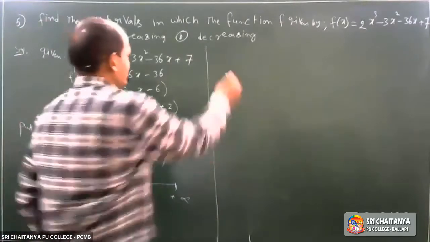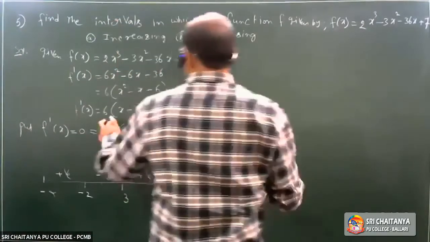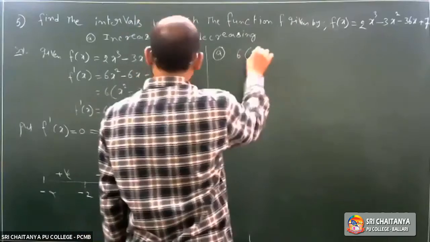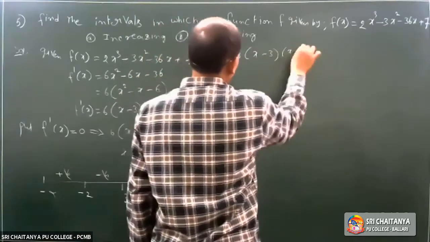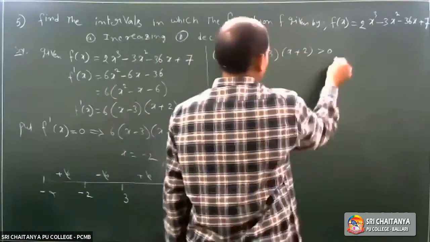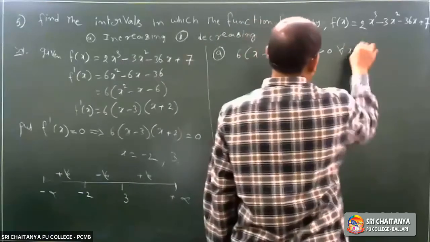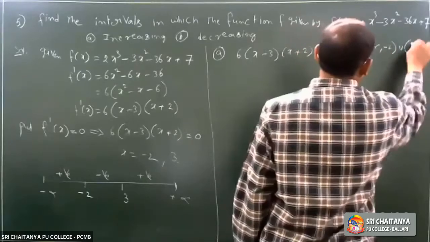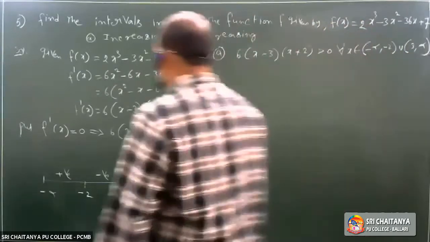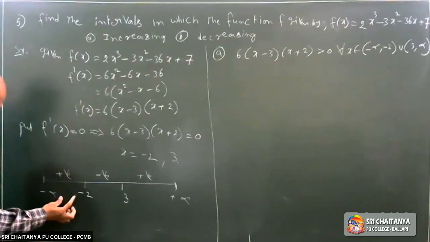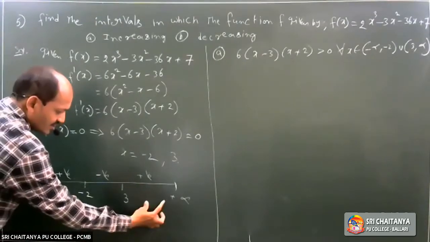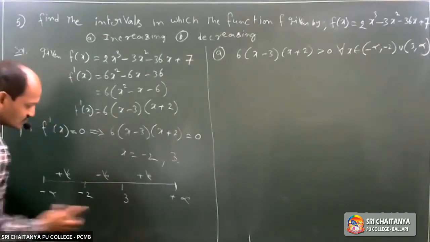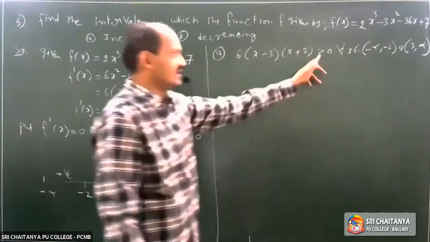First question. 6 into x minus 3, x plus 2 is greater than 0 for all x belongs to minus infinity to minus 2 union 3 to infinity. In these two intervals, it is positive, greater than 0.